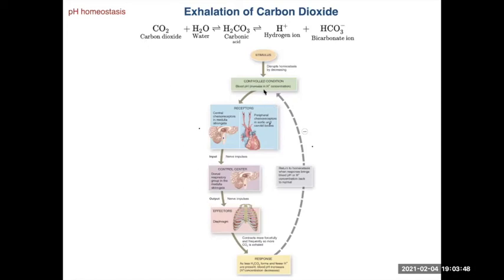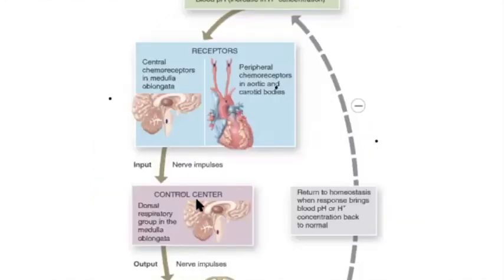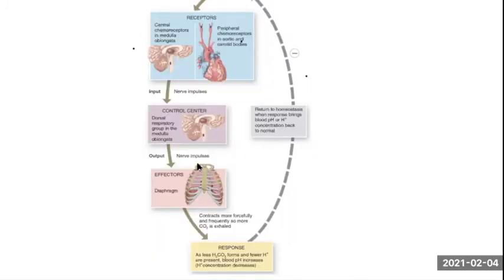In your blood, some of your systems have receptors that are going to be able to detect levels of acidity in your blood, in your brain and your blood vessels. Your heart is going to detect that the levels of hydrogen are too high. They're going to send messages to a control center in your brainstem, which is going to tell you to breathe faster. When you breathe faster, you're getting rid of more carbon dioxide.